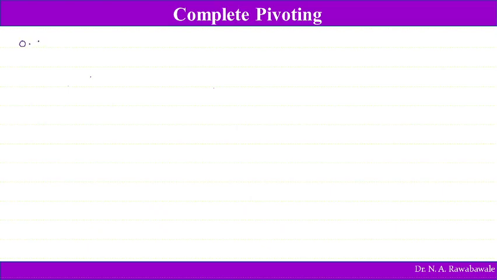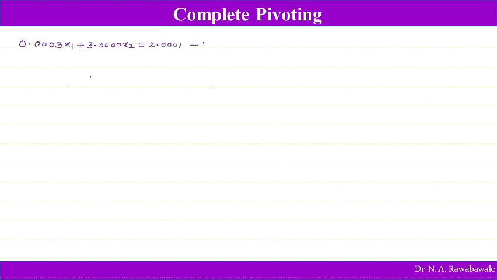0.0003 x1 plus 3.0000 x2 is equal to 2.0001.